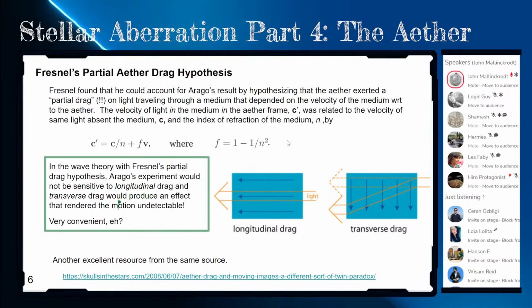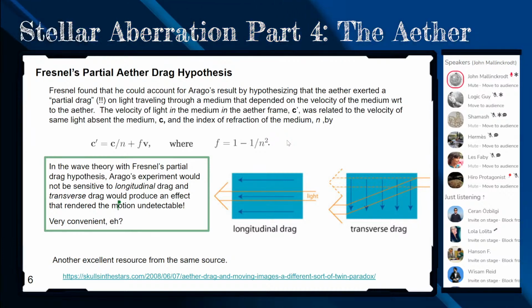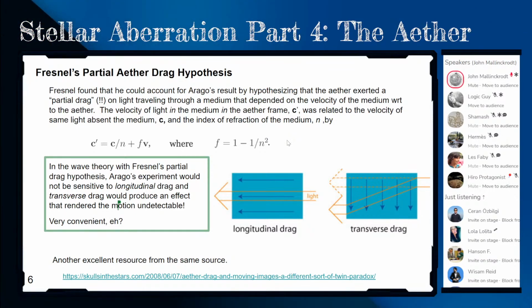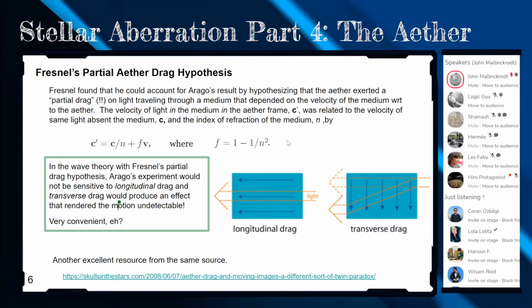Let's stop there for a second. I just mentioned that on this slide, I'm showing the difference between longitudinal drag and transverse drag. In Arago's case, he was looking for evidence of a transverse drag, that the prism moving through the ether perpendicular to the motion of light should cause different deviations in the light.